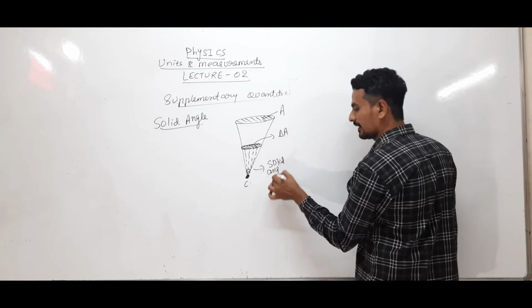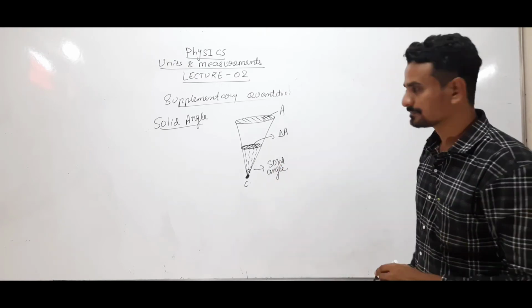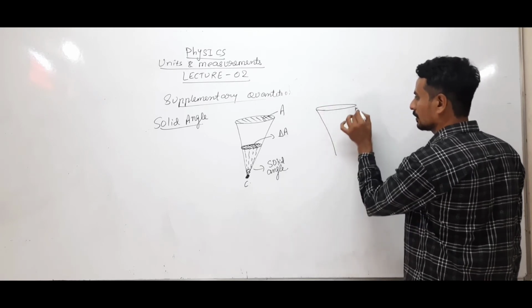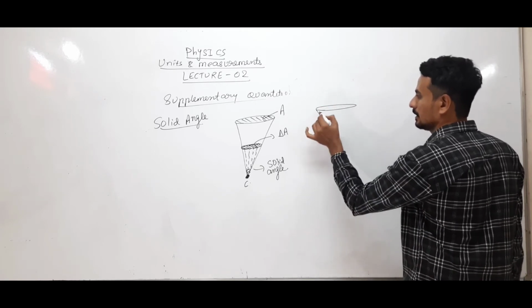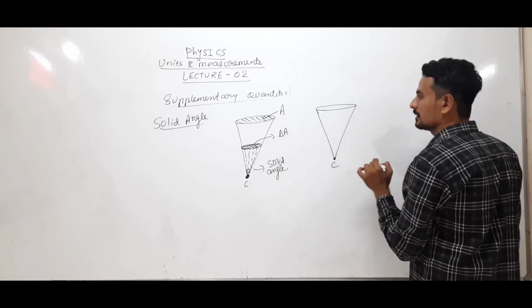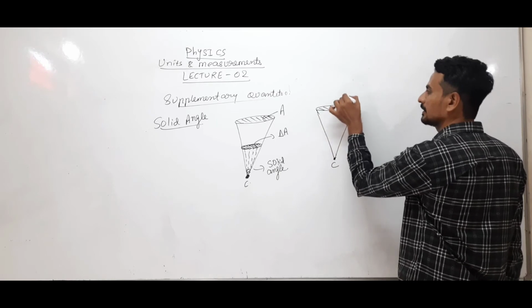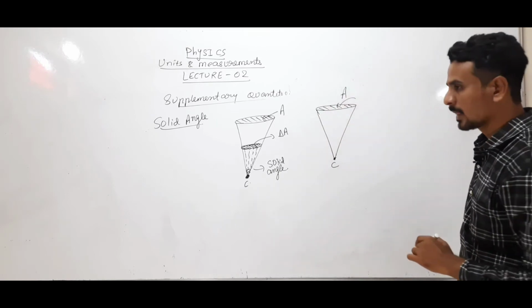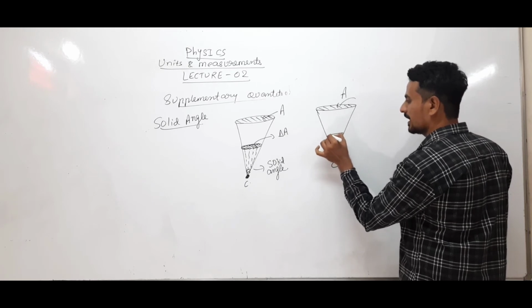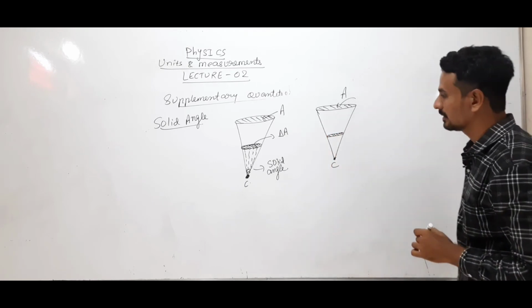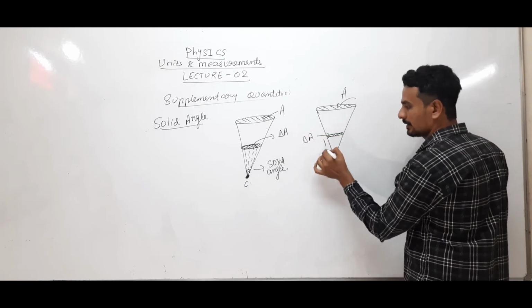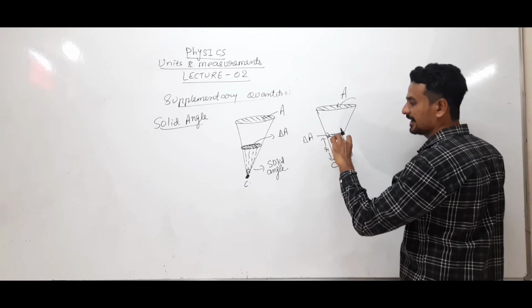Once again, solid angle means, cone shaped, let the surface area be A. Small area, let it be delta A. This will be the radius.